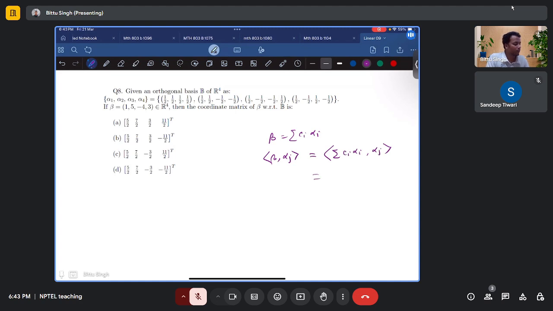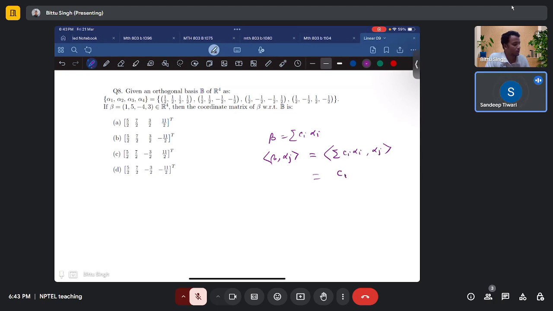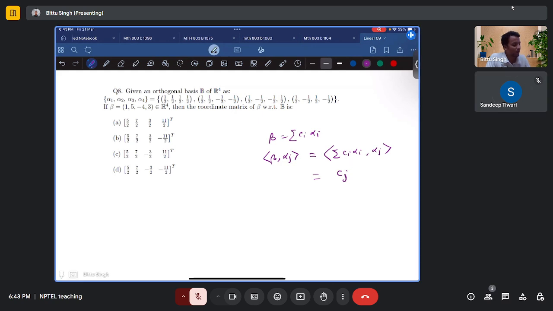But the inner product of alpha i with alpha j is 0 for i not equal to j. So only the Cj will survive, because alpha i inner product alpha i is 1. The rest of the other things are 0.